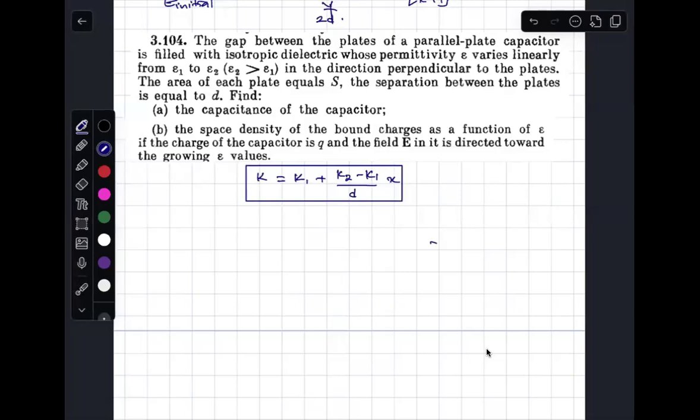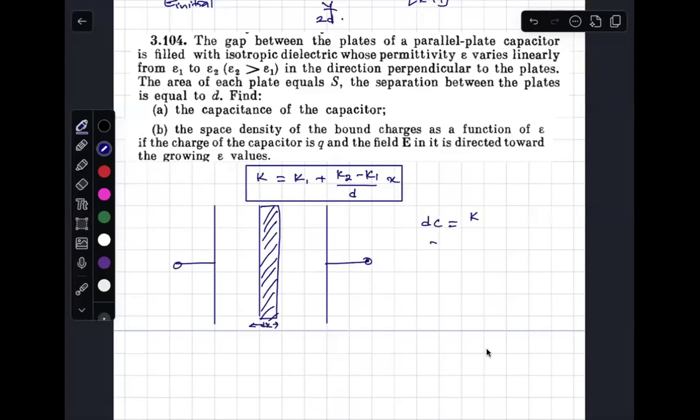Next step of the problem is, now you have the capacitor plate like this. At a particular portion, let this be dx. What is this elemental capacitor?